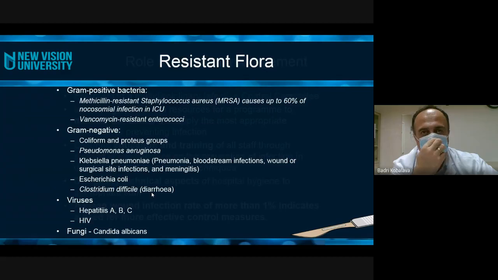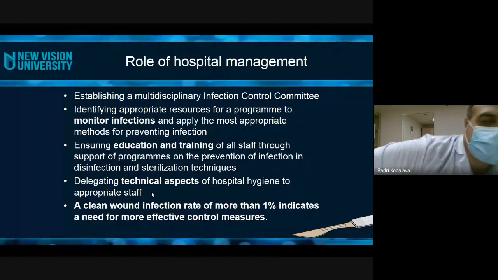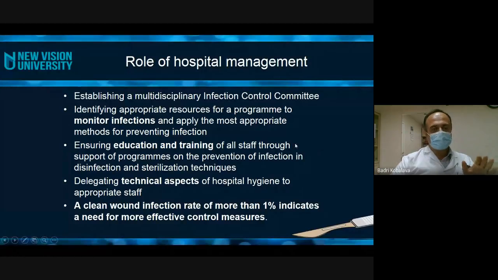Okay, how to prevent contamination of the patient with hospital-associated infection? First of all, in every hospital there is a committee. It is a multidisciplinary infection control committee, which plans the methods of prevention. Also, this committee monitors infections.